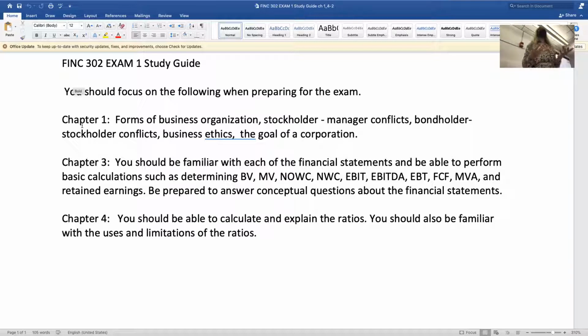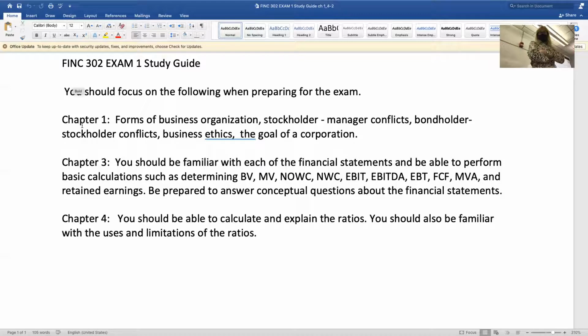There are several multiple choice concept questions about those. Keep in mind, the sole proprietorship and a partnership have the same advantages and disadvantages. A corporation, of course, has different advantages and disadvantages. So make sure you read that section of the book and go back over the notes.